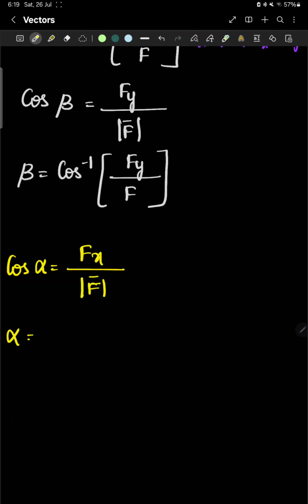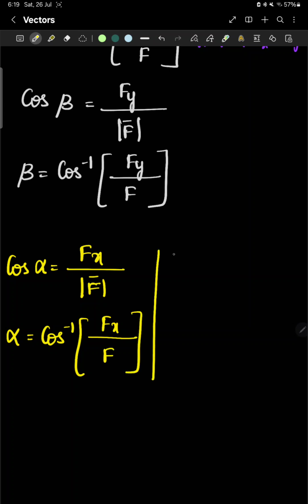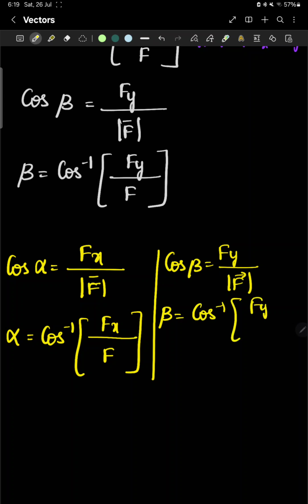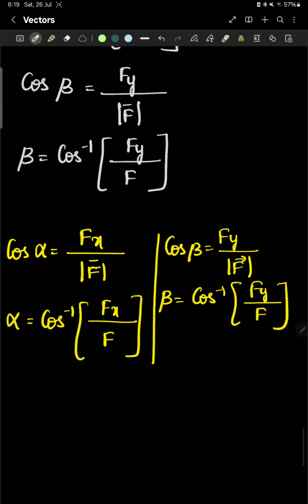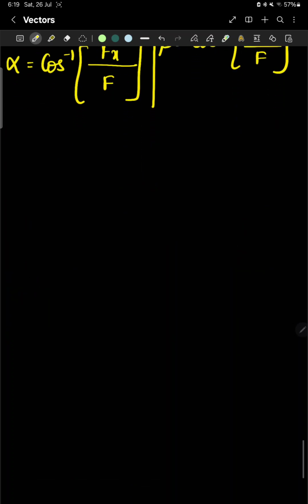So from here I can write alpha is equal to cos inverse of Fx divided by the modulus of F, which is F. Similarly, cos beta is equal to Fy divided by the modulus of F vector, so beta is equal to cos inverse of Fy divided by F. Now we have another angle, cos gamma, which is equal to Fz divided by the modulus of F vector.